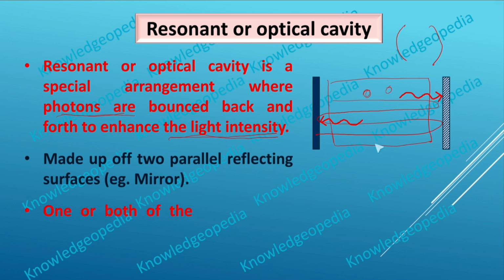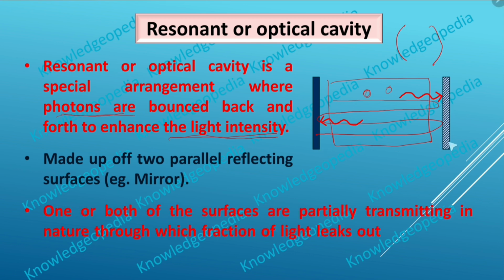Further, one of these two mirrors or both the mirrors are partially transmitting in nature. Here I have shown that this one face is made partially transmitting. But in some cases, both the mirrors will be partially transmitting. As this is partially transmitting, a few of the photons will come out through this mirror, and this is nothing but the output of the laser.